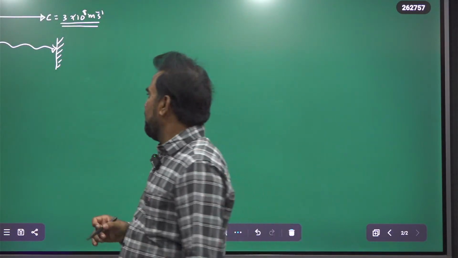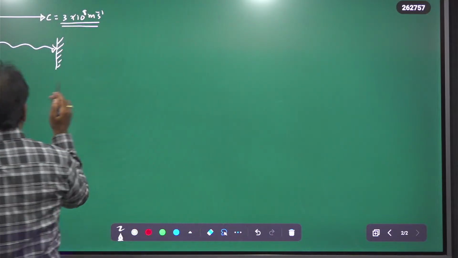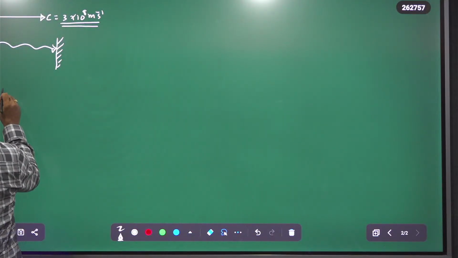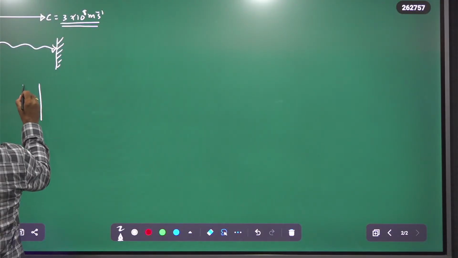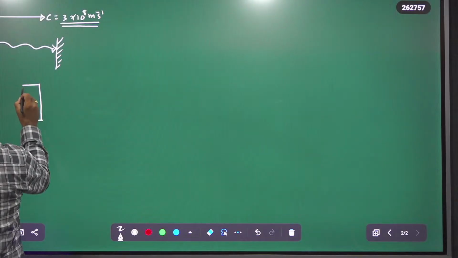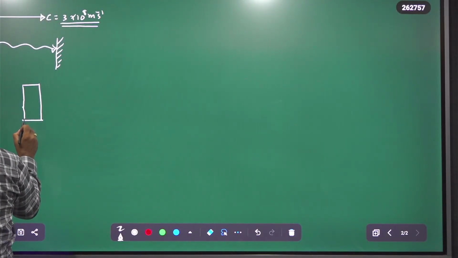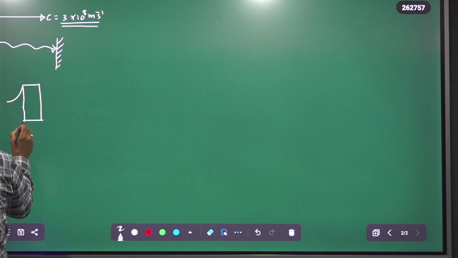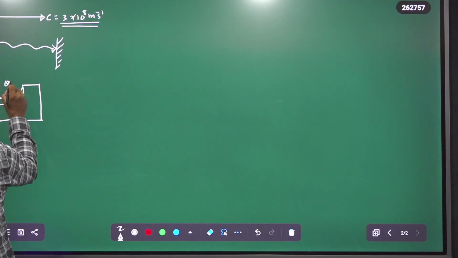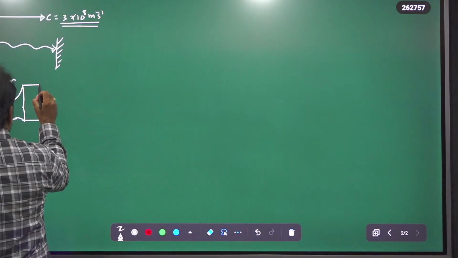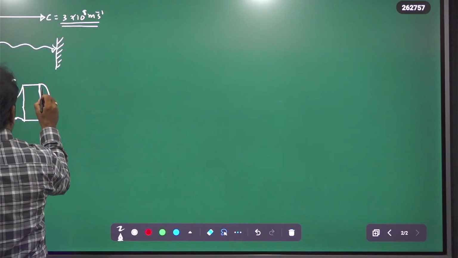Suppose we consider a torch. Do you know a torch? This is a torch light. When the switch is put on, the torch light emits light radiations.